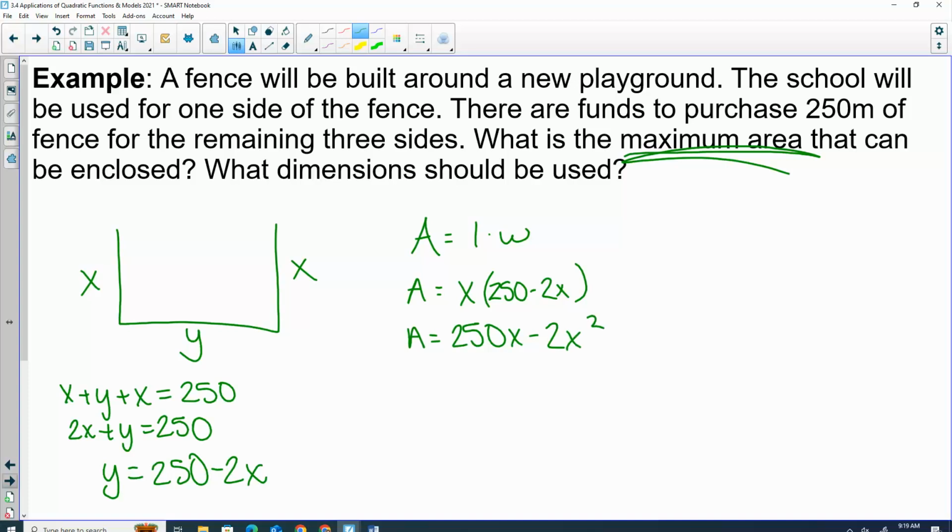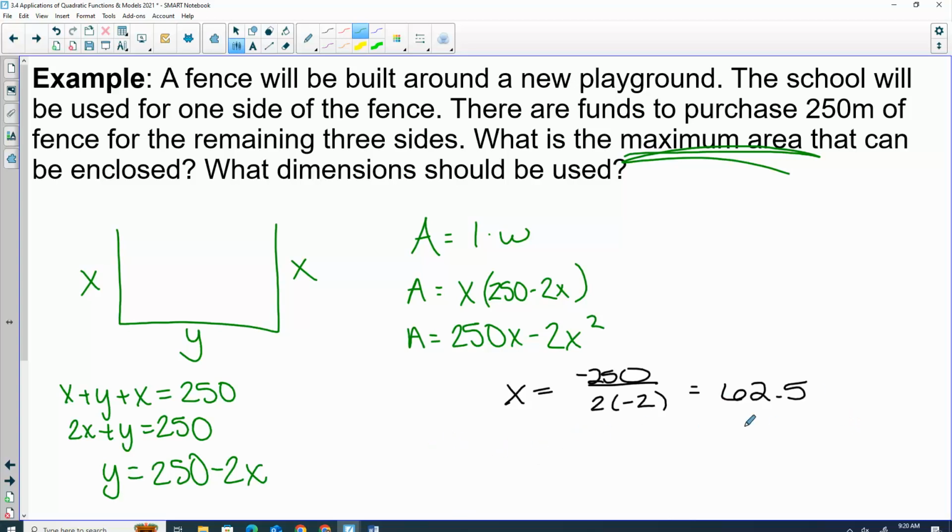Anytime I ask you to find maximum or minimum, what are we finding? Vertex. How do we find vertex? So opposite of b would be negative 250 over 2 times negative 2. And what do we get? Alright.